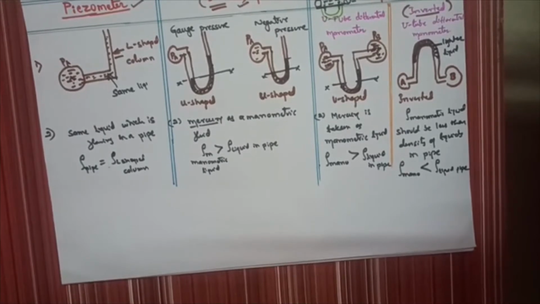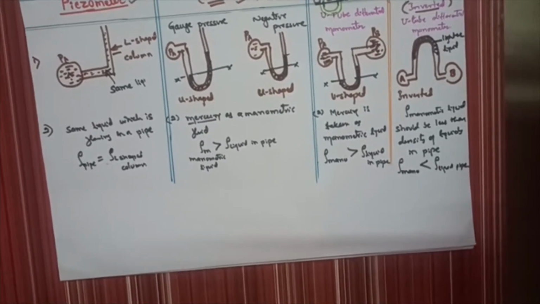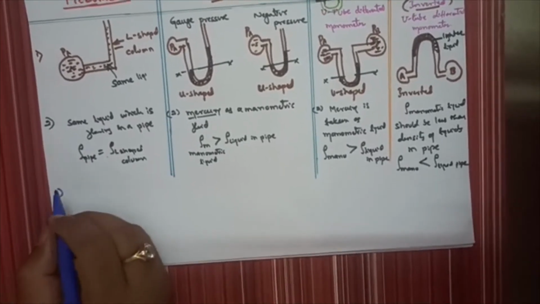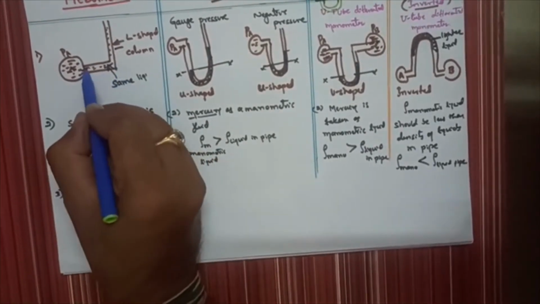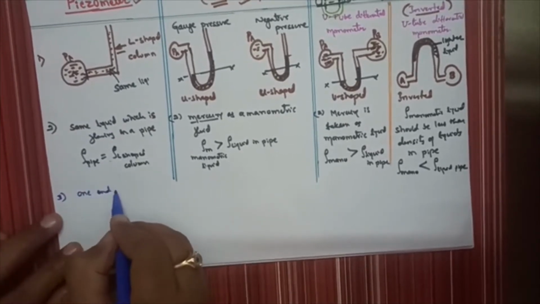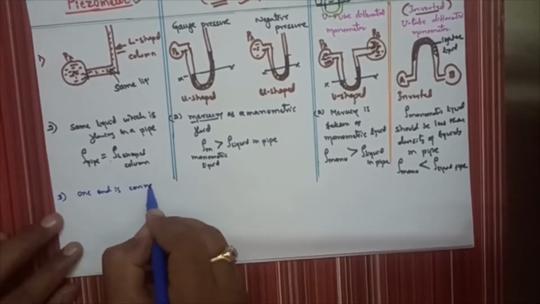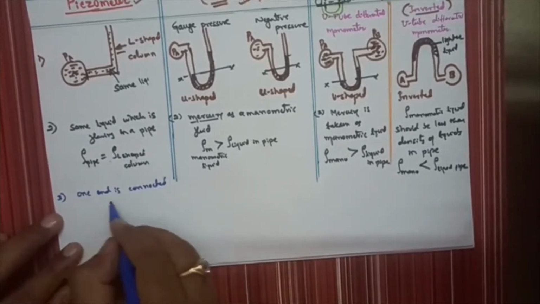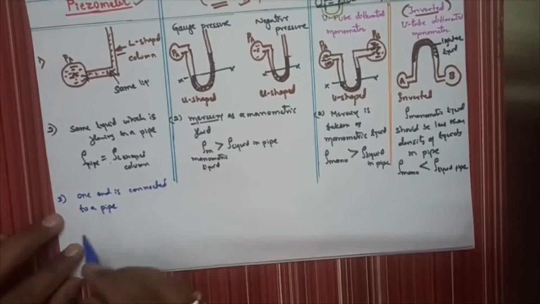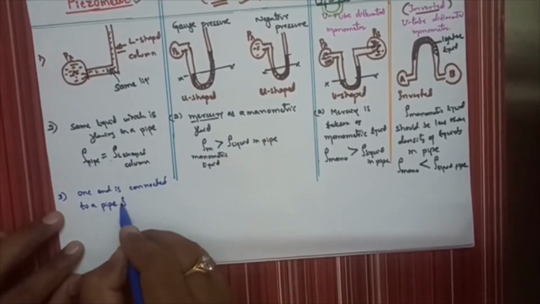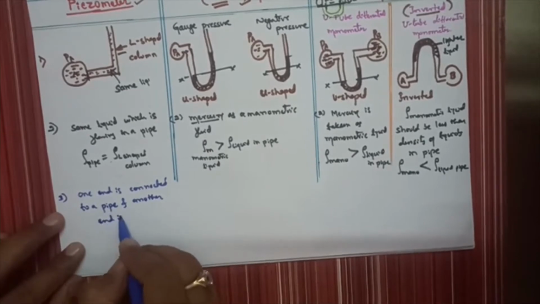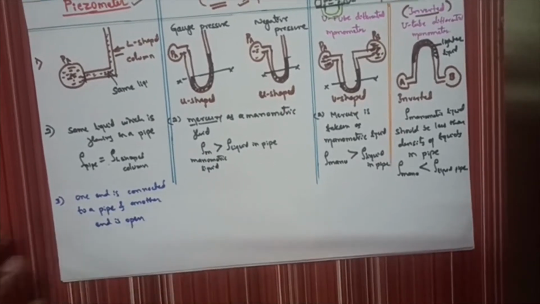Okay, so the third difference: one end is connected to the pipe where you are going to measure the pressure, and another end is open to atmosphere.